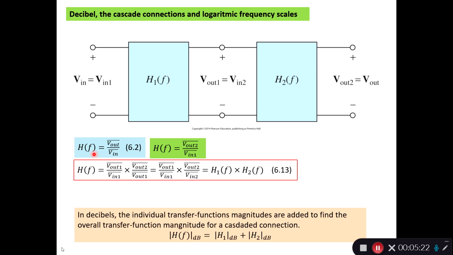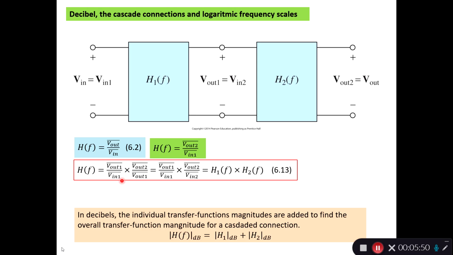We have already seen the equation for the transfer function: it is the complex output over the complex input. For the whole block we have Vout2 over Vin1.